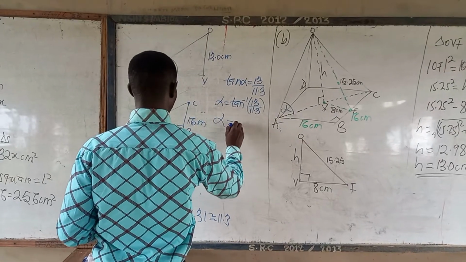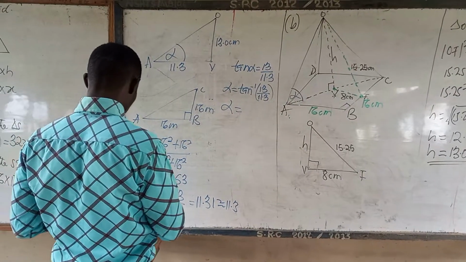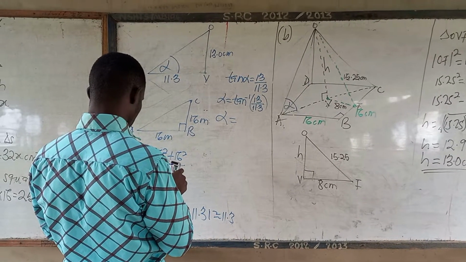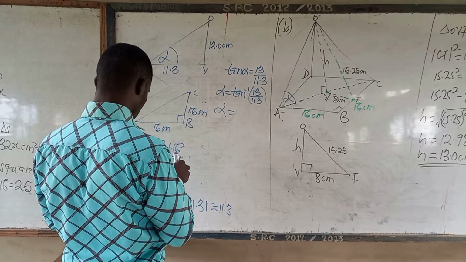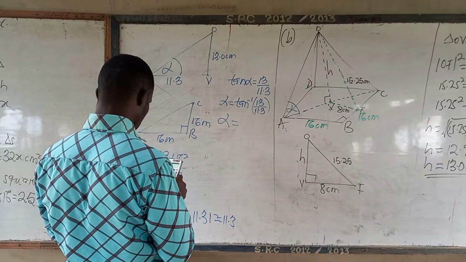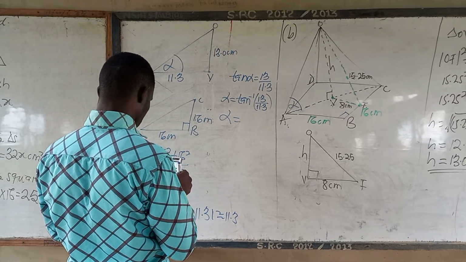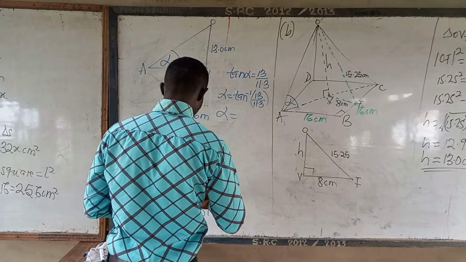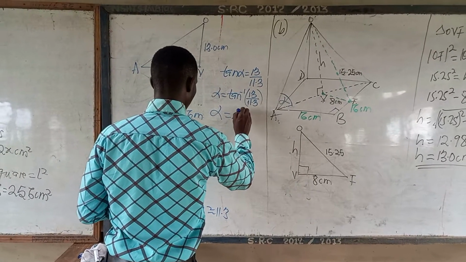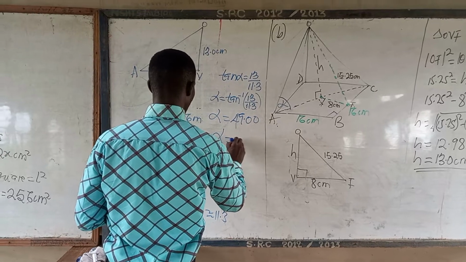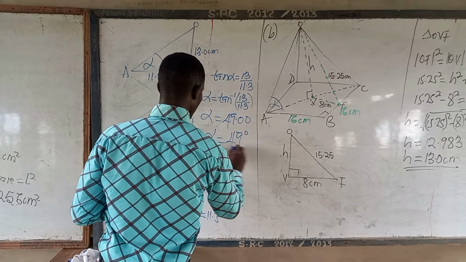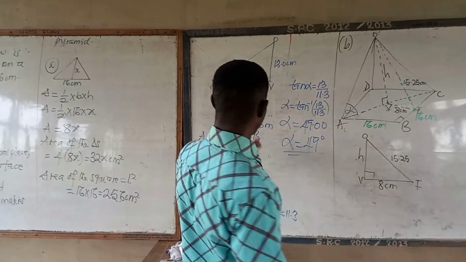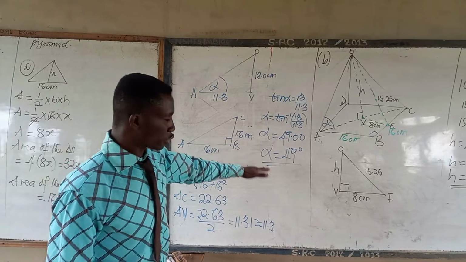And alpha will be equal to, by the calculator, 49.00. So alpha is equal to 49 degrees. That is the angle the slant height makes with the base.